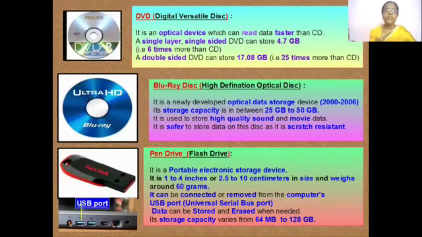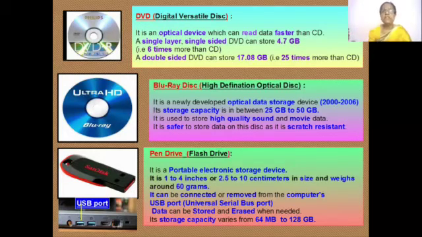You have the next one, which is called a DVD. DVD means digital versatile disc. DVD had more capacity. The CD had only 700 MB capacity, but the DVD has 4.7 gigabytes. That was MB, but this is gigabytes.